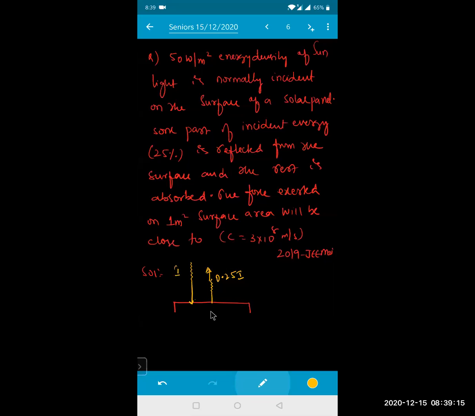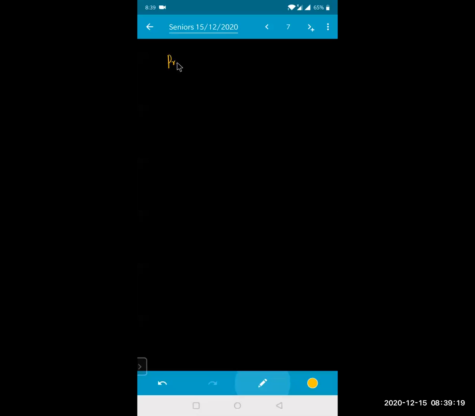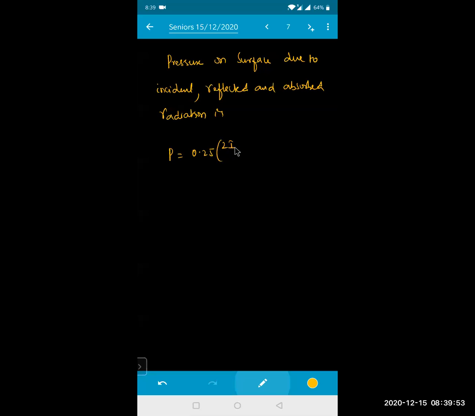Now pressure on the surface due to this incident, reflected and absorbed radiation is, so P is equal to 0.25 times reflected, that means 2I by C, plus 0.75 absorbed, that is I by C. So this will become how much for me?